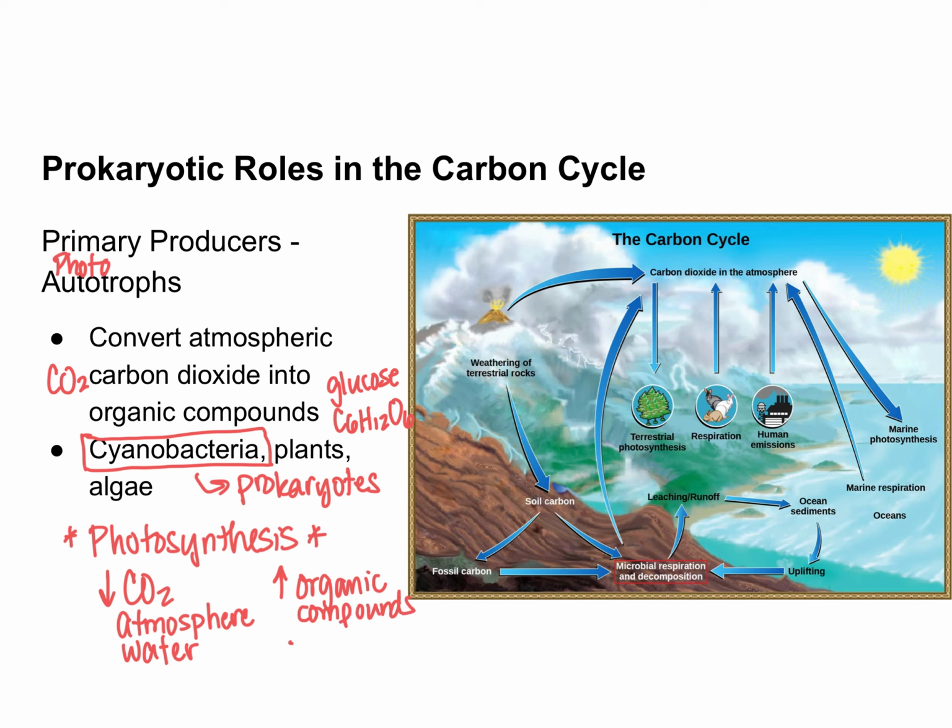And some examples of organic compounds are going to be things like our carbohydrates. And these organic compounds can become food for other organisms or even food for the autotroph itself. And so it's going to provide nutrients and energy.